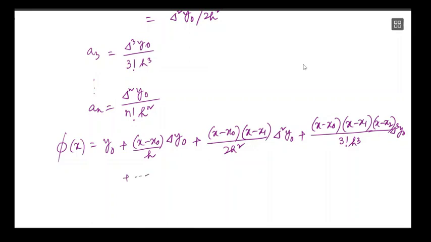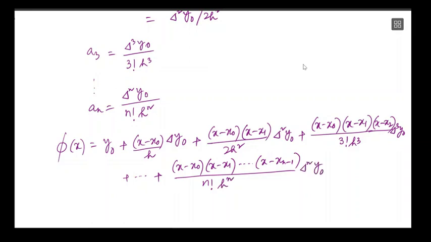In this way, the last term will be x minus x0, x minus x1 up to x minus xn minus 1 by n factorial h to the power n delta n y0.